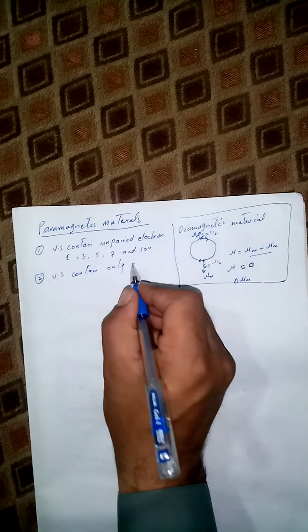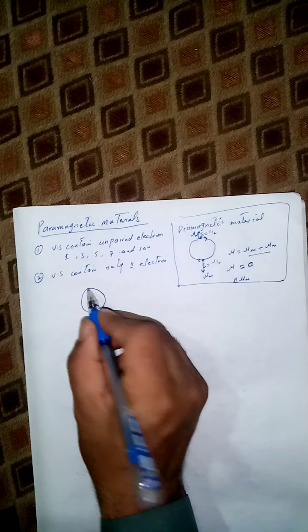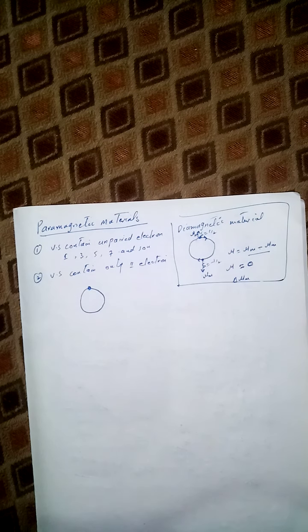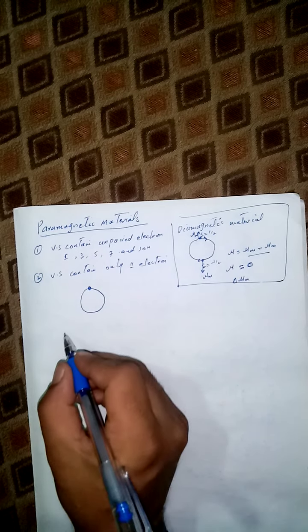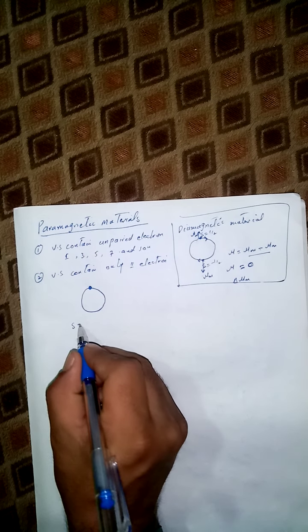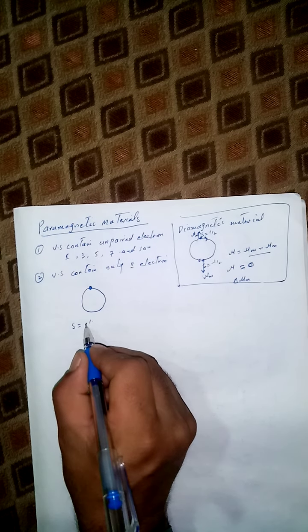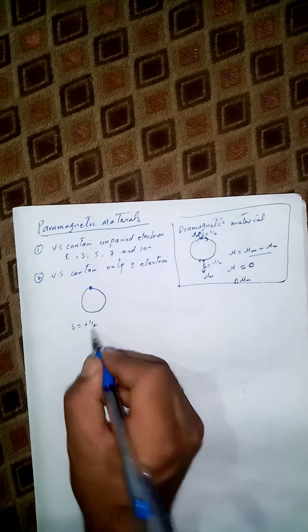Now, suppose we have an atom with a valence shell which contains only one electron. This electron either has spin s equal to 1/2 or its spin is -1/2. If its spin is 1/2, then the electron will move in clockwise direction.